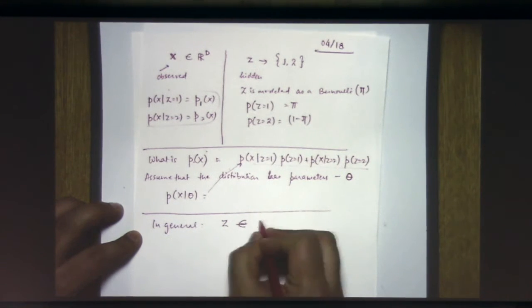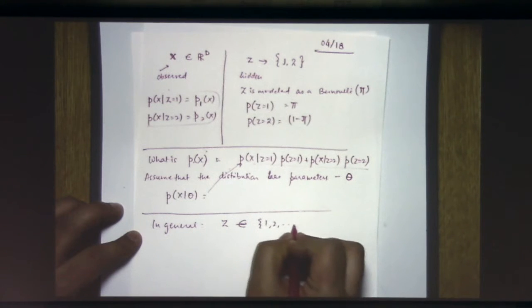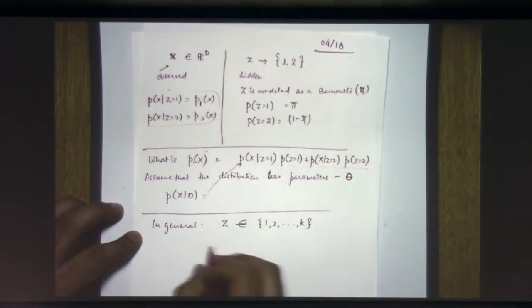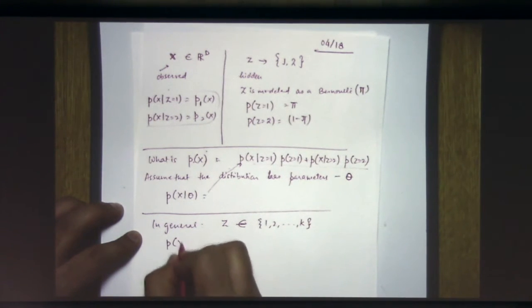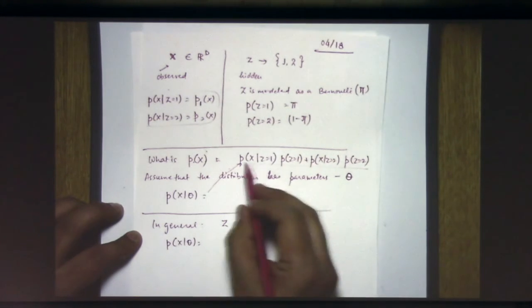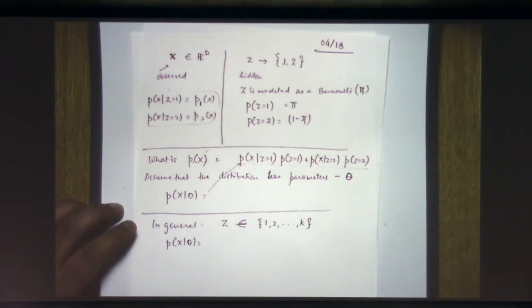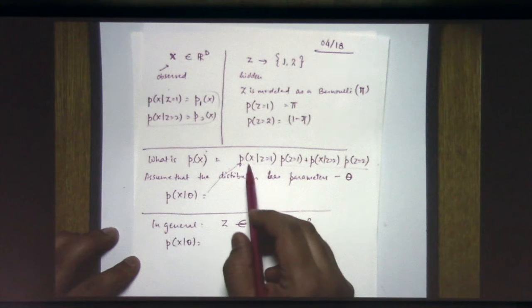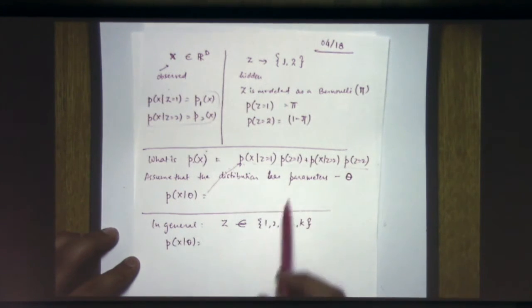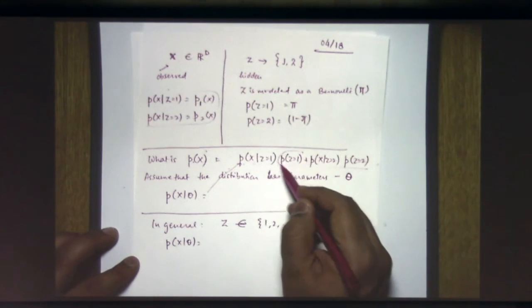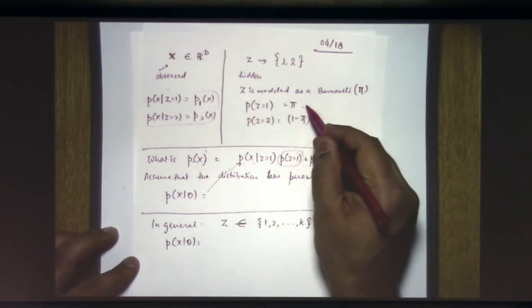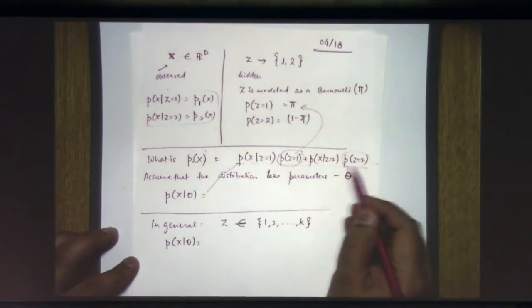So in general, let's say if z can take k values, let's say z belongs to 1, 2 through k, then we can write p of x given theta as essentially a summation. Okay, let me just go back to this two case. P of z equal to 1 is pi, and p of z equal to 2 is 1 minus pi.